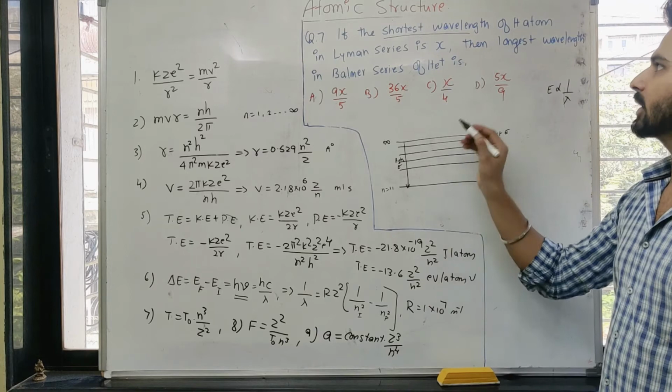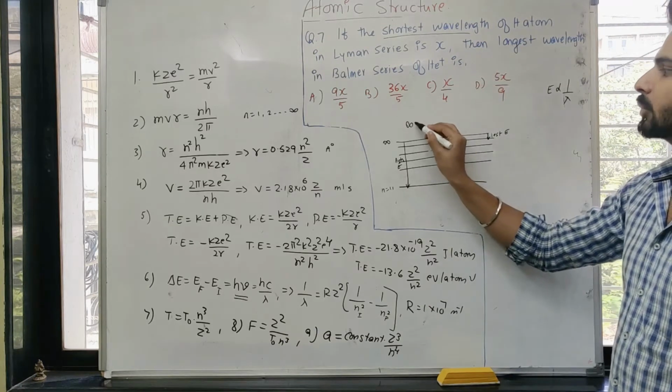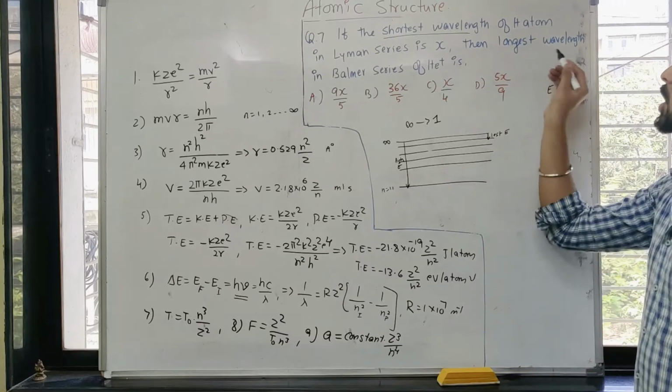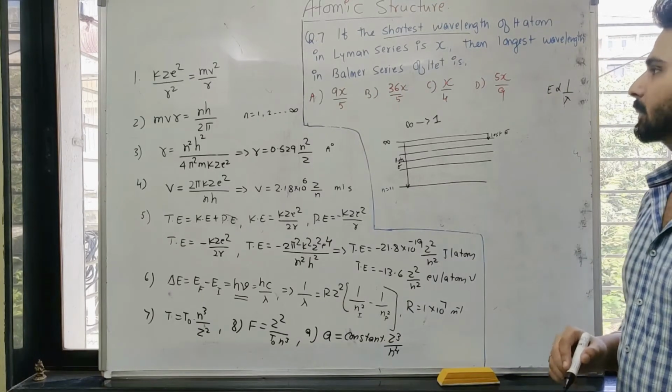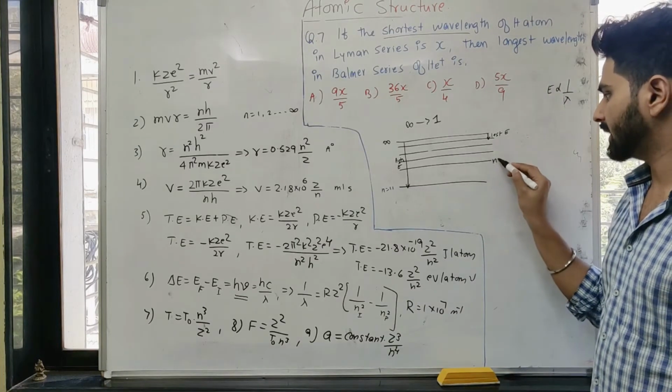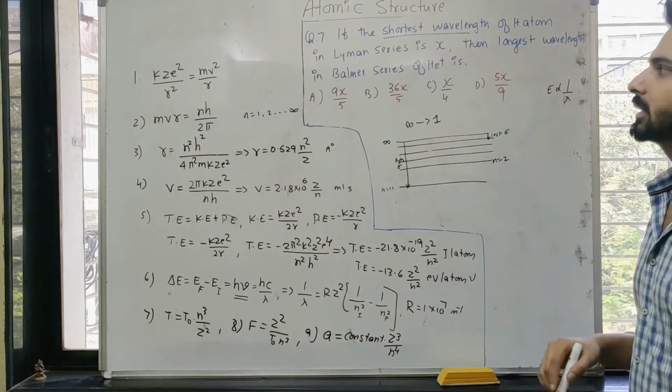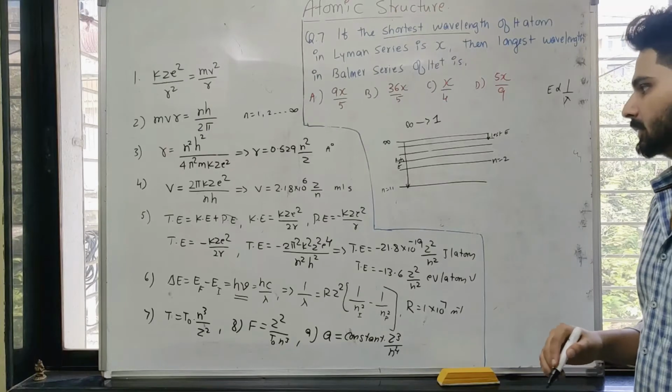So for Lyman series that is infinity to 1, we understood. And then the longest wavelength of Balmer series. Balmer series is anything coming to n equal to 2. So longest wavelength means less energy.